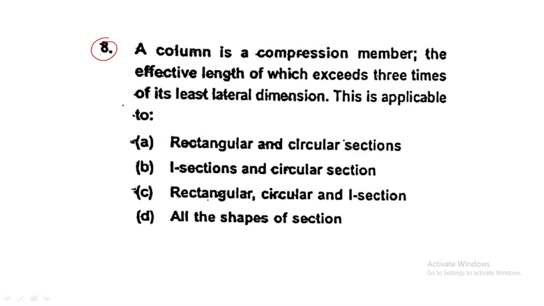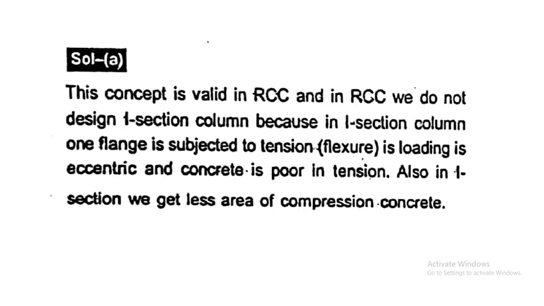A column is a compression member, the effective length of which exceeds 3 times of its least lateral dimension. This is applicable to, right? Effective length which exceeds 3 times, they are saying it exceeds 3 times the least lateral dimension. Applicable to rectangular, circular, I section, all shapes of the section. So what is the answer for this question?